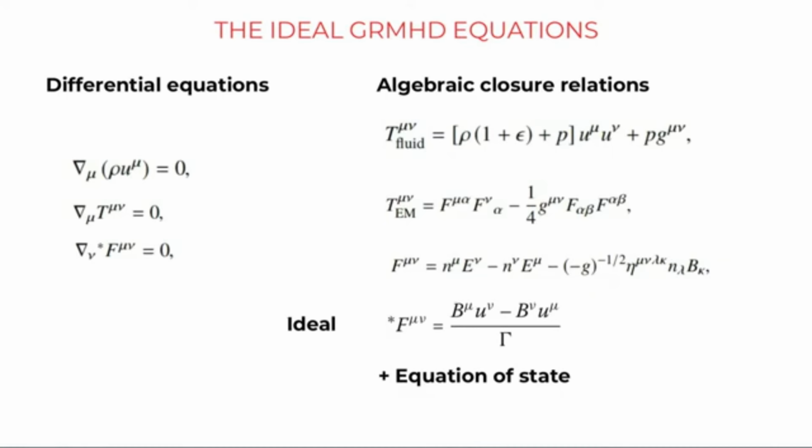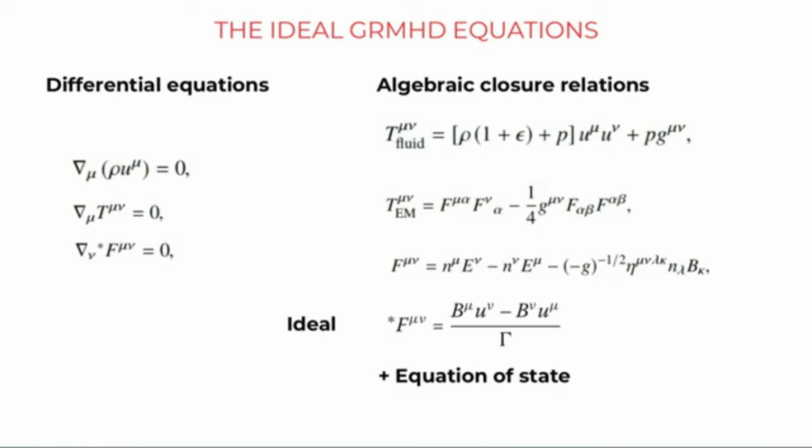This is because we are assuming that we already have a completely neutral plasma, and that every time there is a slight imbalance in the charges in the plasma, this is balanced again almost instantaneously. So this means that the electric fields in the plasma frame are 0.